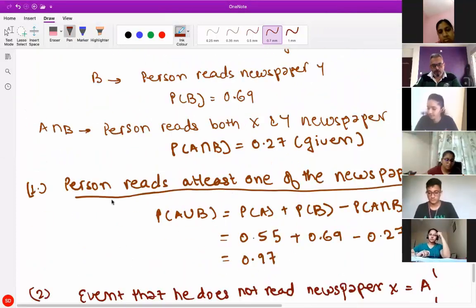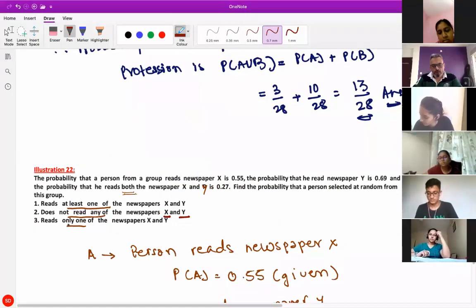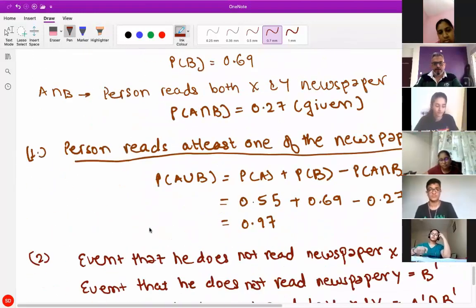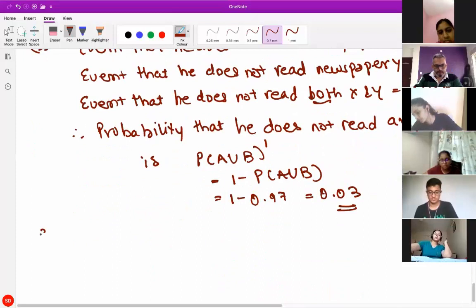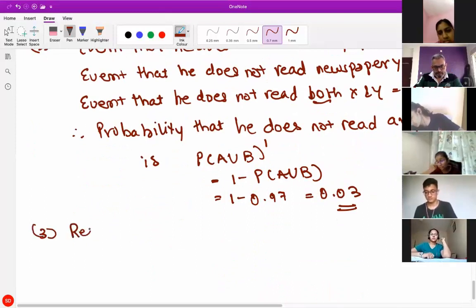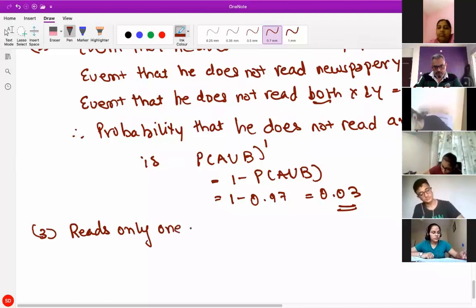We go to the third one. Reads only one of the newspaper X and Y. Now in this case, reads only one of the newspaper.